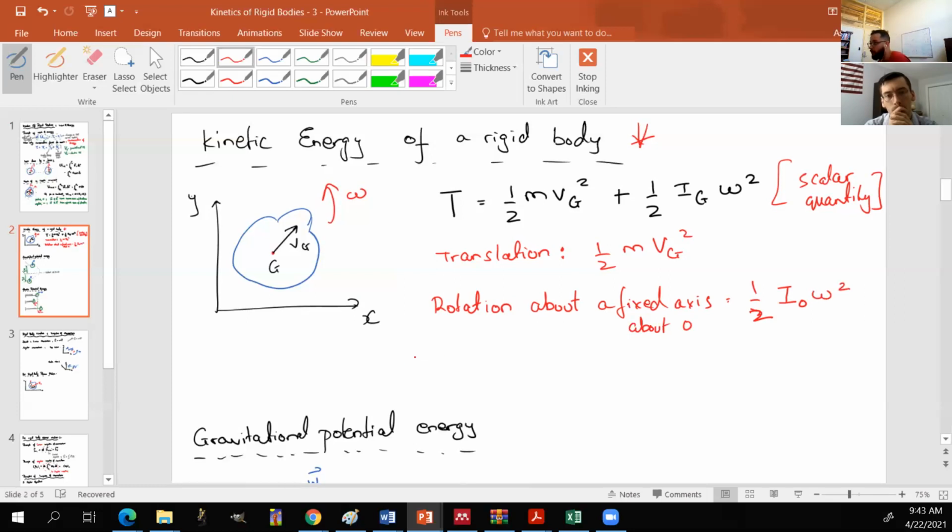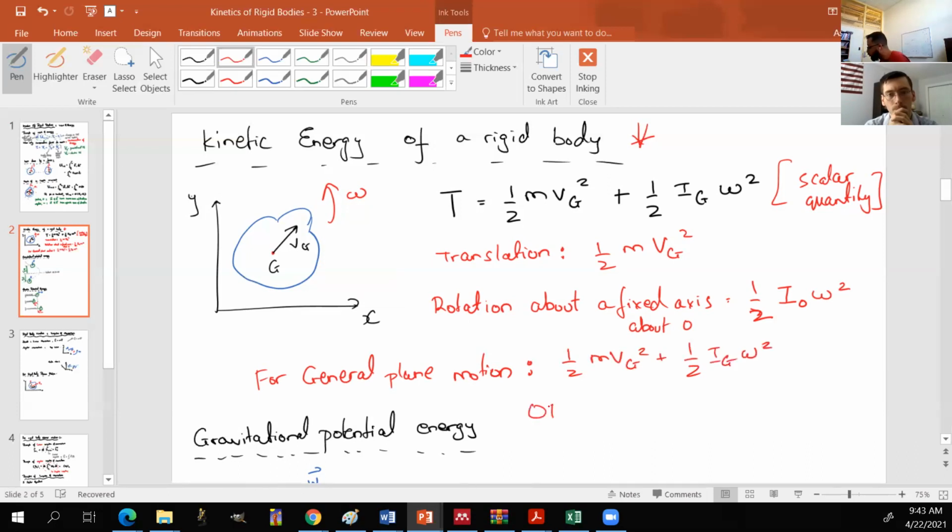For general plane motion, you could do one of two things, and this is up to you. Typically, you just use the first expression, so it's just half mvg squared plus half Ig times omega squared.